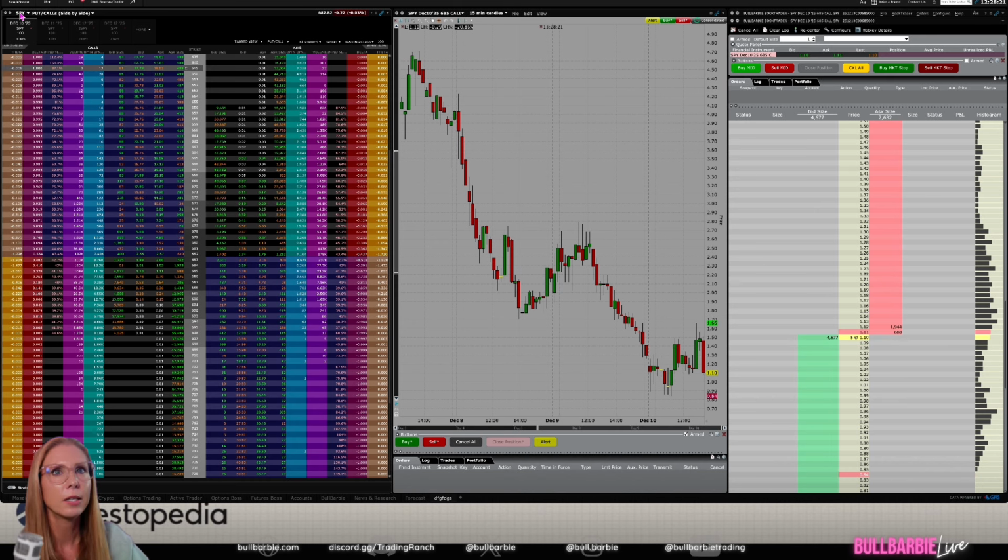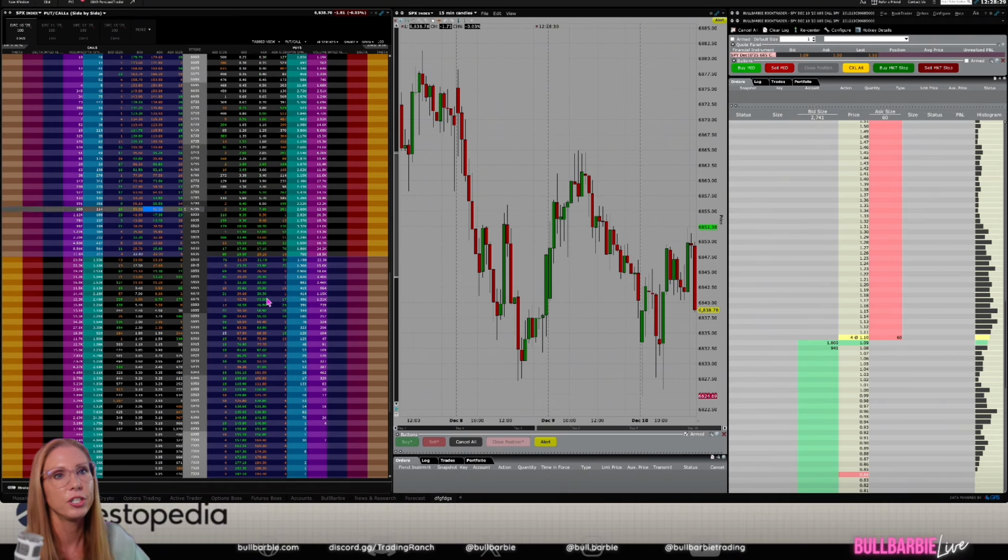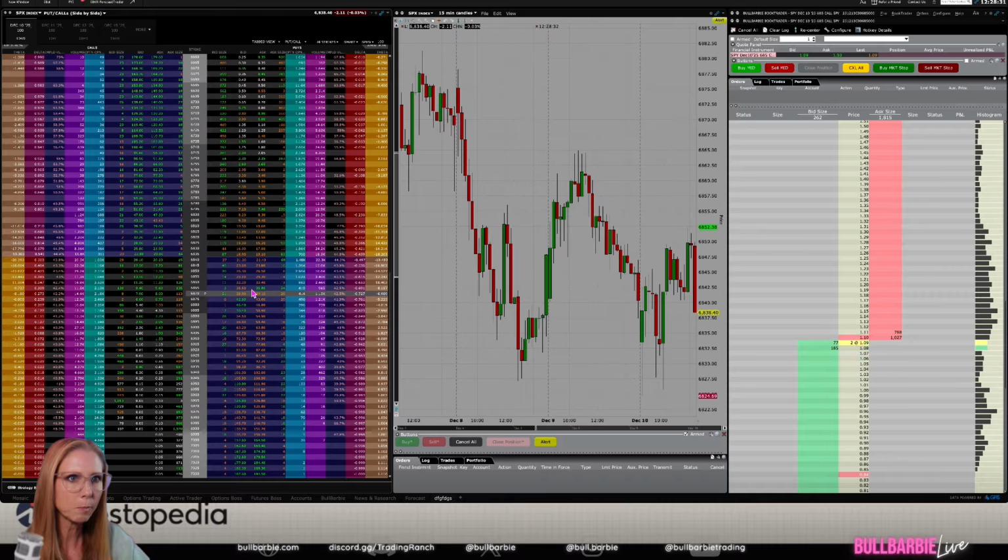So the spiders is the main S&P 500 ETF. And then you get into different leveraged ETFs. So the 10-time leverage is the SPX. So this is going to follow the futures a little bit closer. There's going to be a gap between the futures price and the SPX price, but that's because the futures price is the S&P 500 futures, so it's supposed to be the SPX price at the expiration date of the contract.